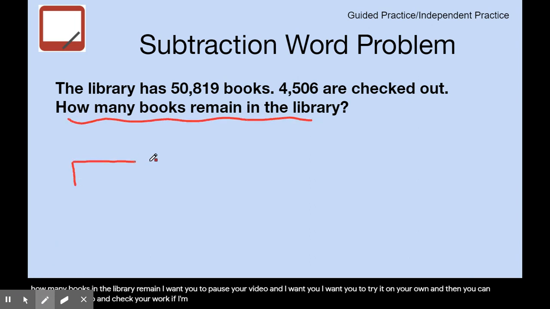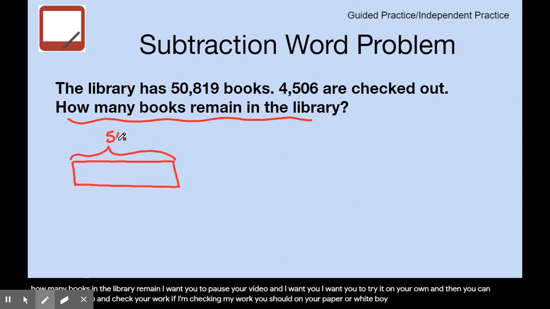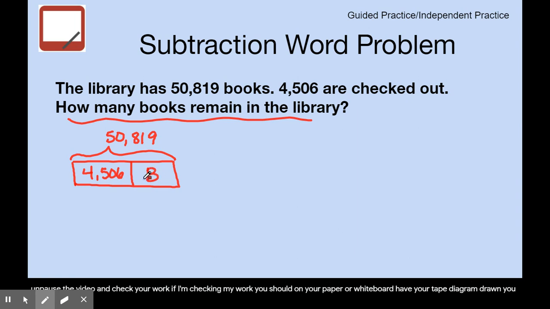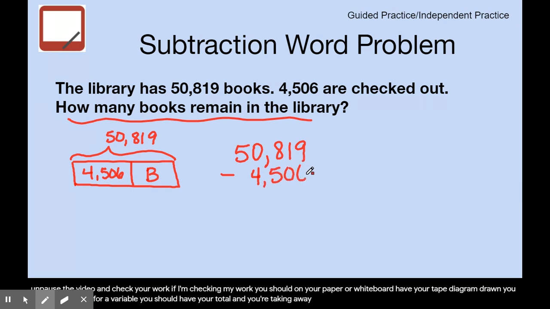So if I'm checking my work, you should, on your paper or whiteboard, have your tape diagram drawn. You should be solving for a variable. You should have your total, and you're taking away the books that are checked out.